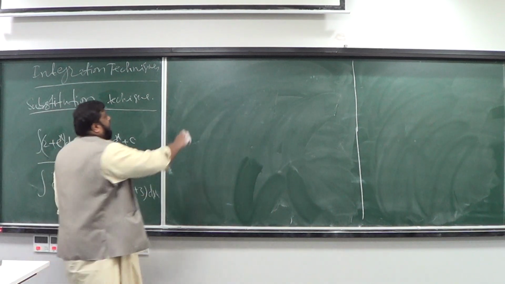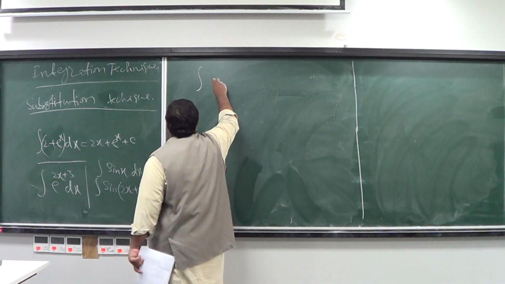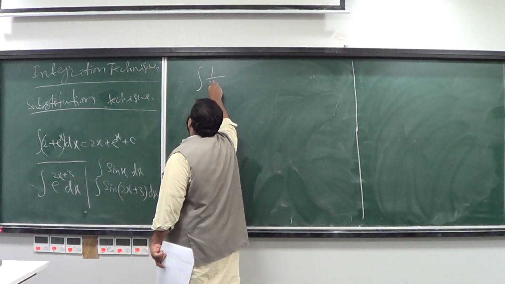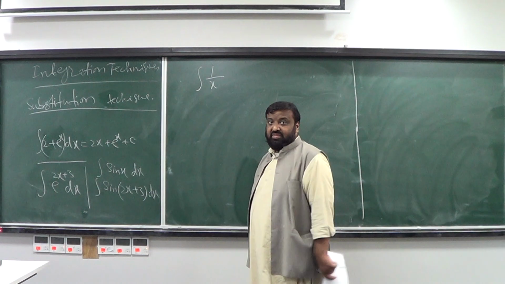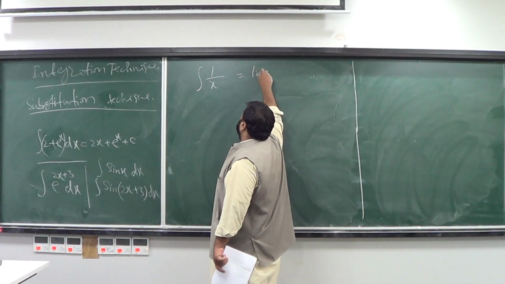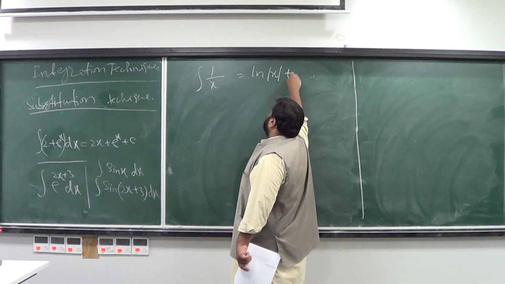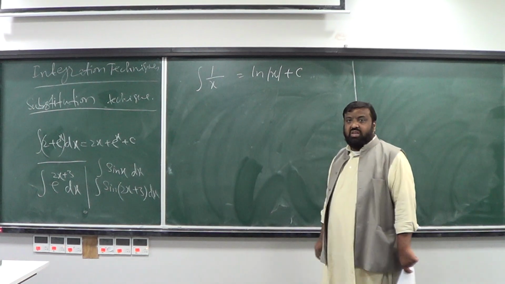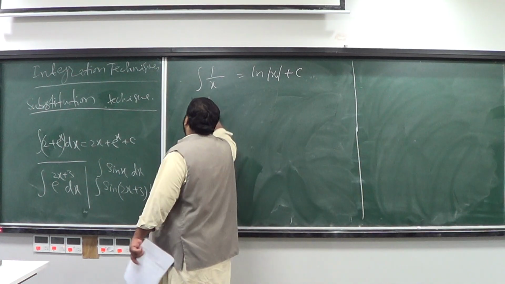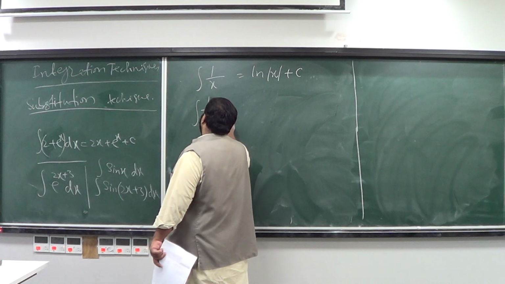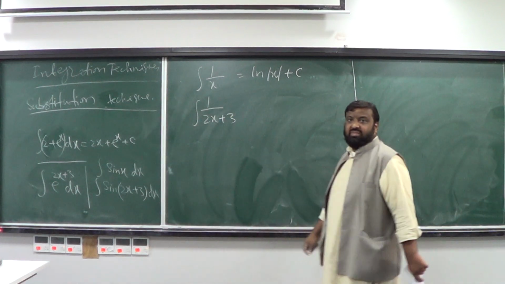Imagine I know how to integrate, say, 1 over x. It is going to be log of absolute value of x plus c. But what would be the integral if I have 2x plus 3, for example?